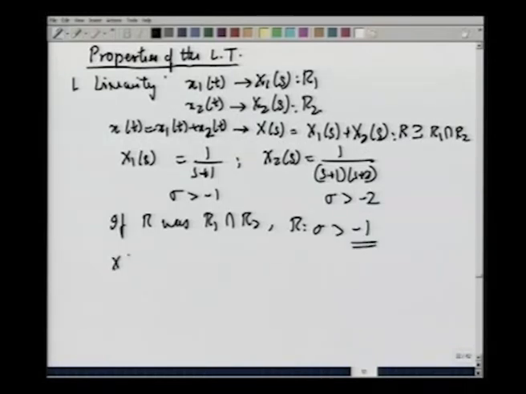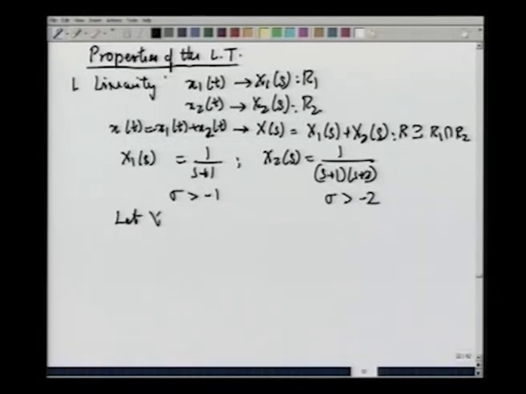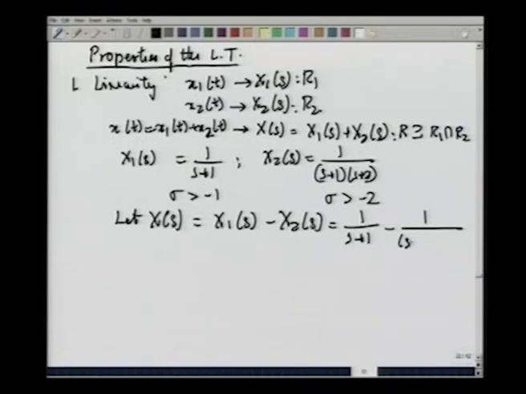What is XS? Let XS be given by x1s minus x2s, which is equal to 1 by s plus 1 minus 1 by s plus 1 times s plus 2.